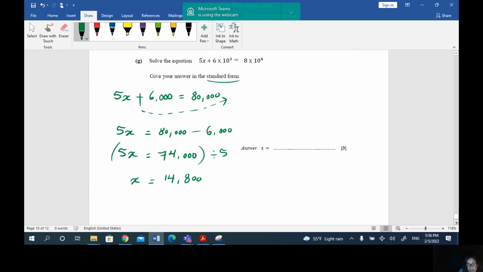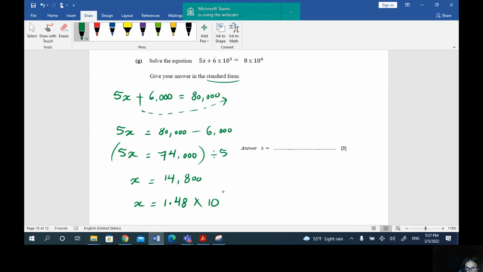As you remember, the standard form must be x is equal to 1.48 times 10 to some power. To get it back to its original, let's try. If you say times 10 to the power of 1, it will move the decimal one place. If you say to the power of 2, it will be 148.